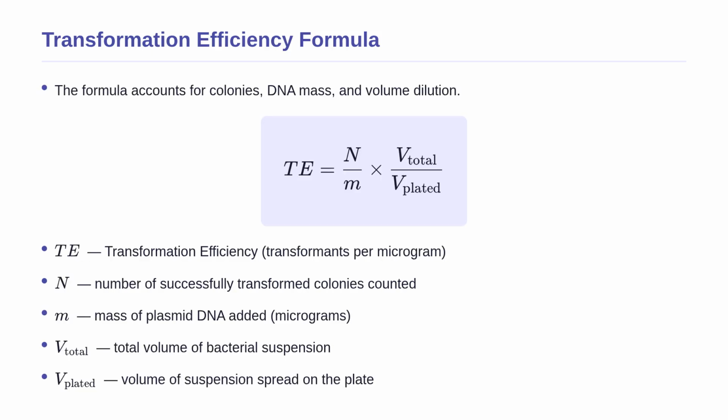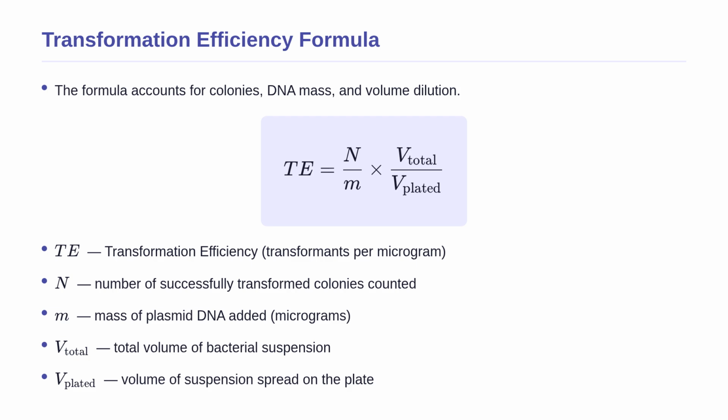This brings us to the mathematical representation of our experiment. The formula for transformation efficiency, or TE, is calculated by taking N divided by M, multiplied by V total divided by V plated. Let us break down these symbols. N is the number of glowing colonies you physically count on your Petri dish.